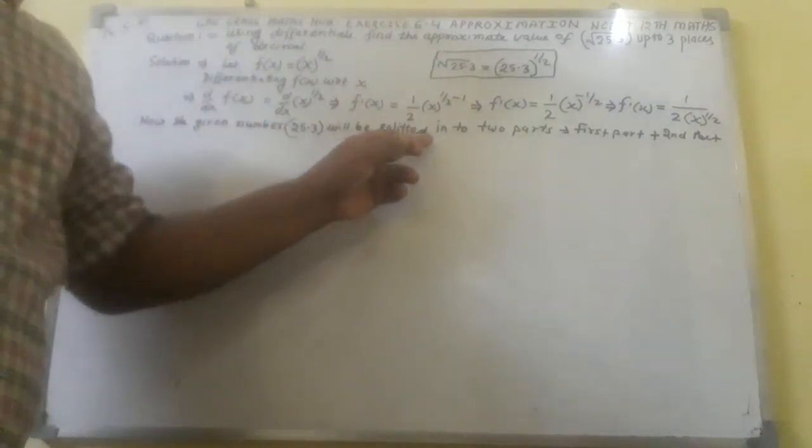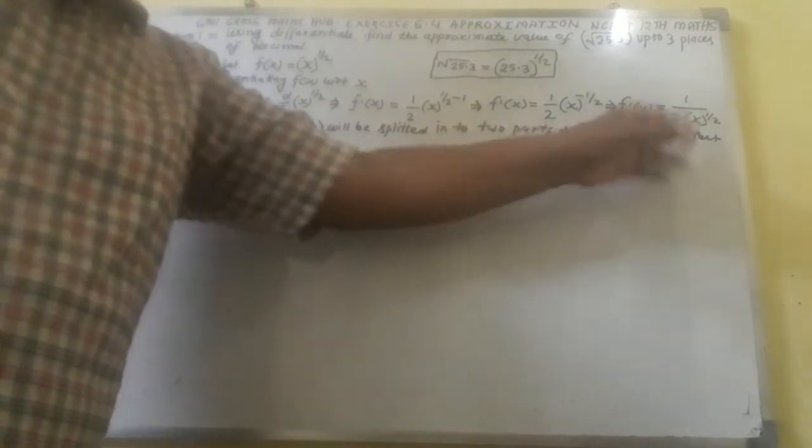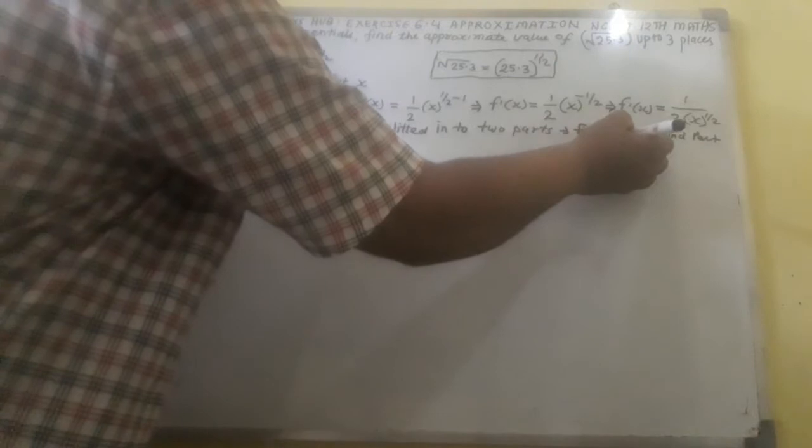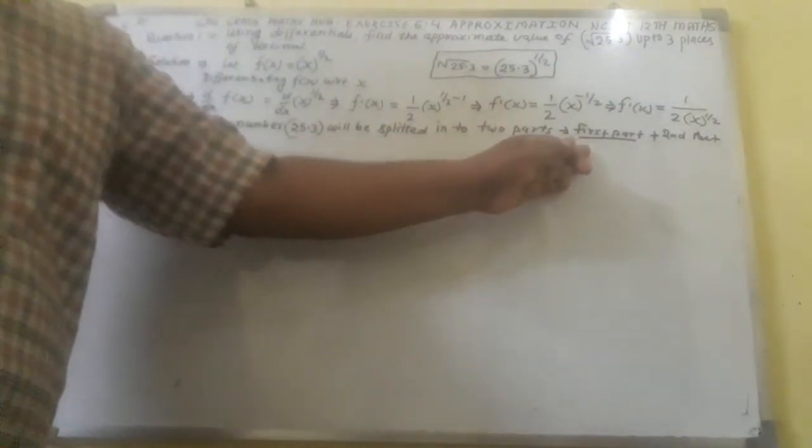Now the given number 25.3 will be split into two parts, first part plus second part. Focus about the first part here. You have to think over only the first part.